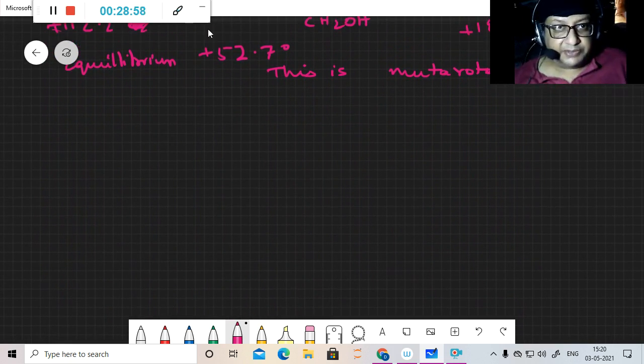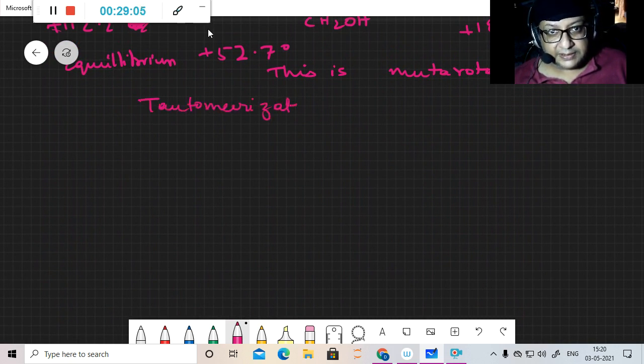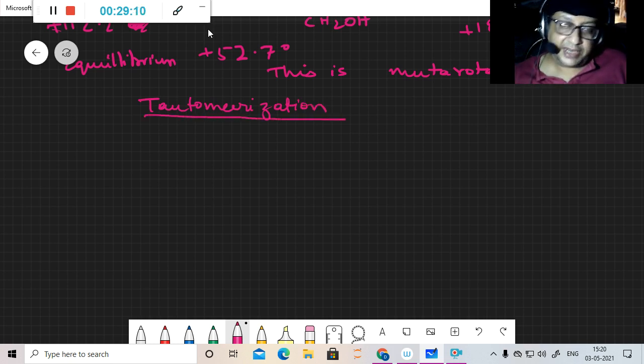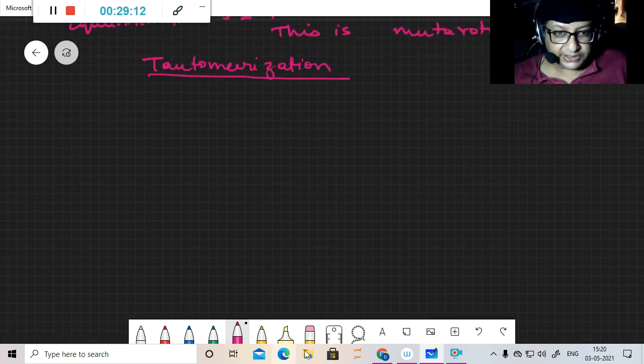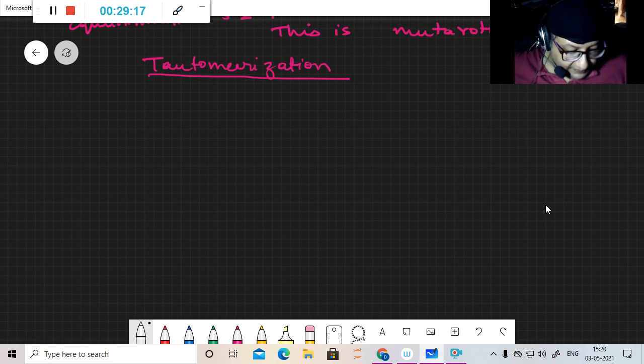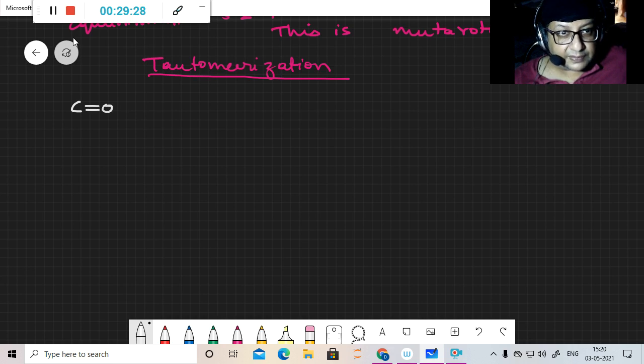The next thing which we will study is tautomerization. Now what is this tautomerization? Let us draw glucose in a special manner. I am drawing the CHO group like this.